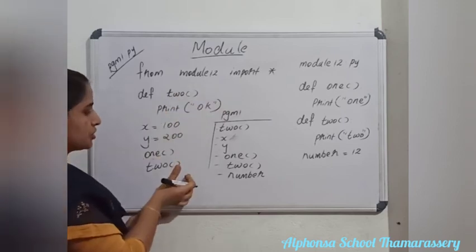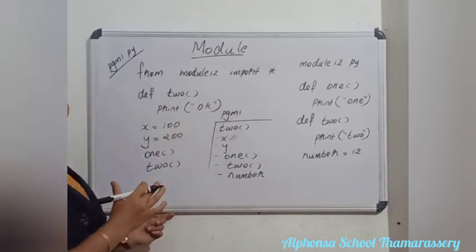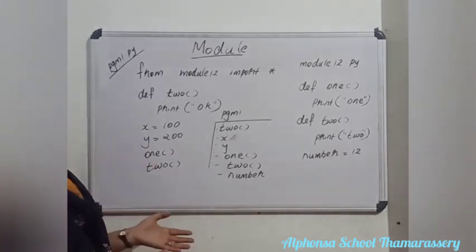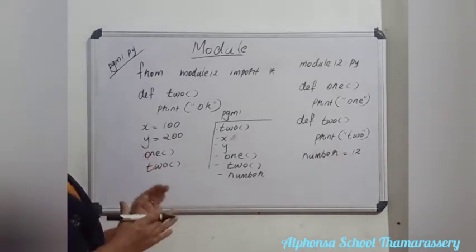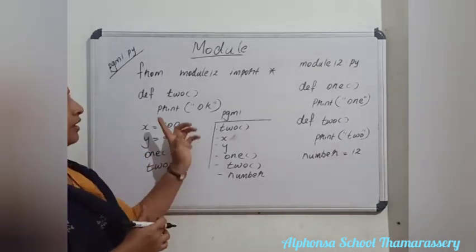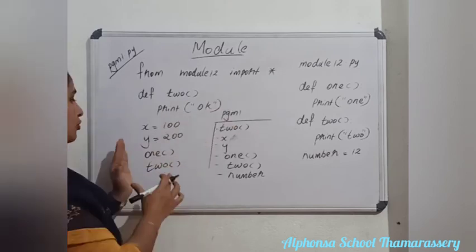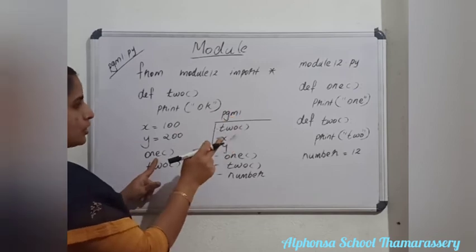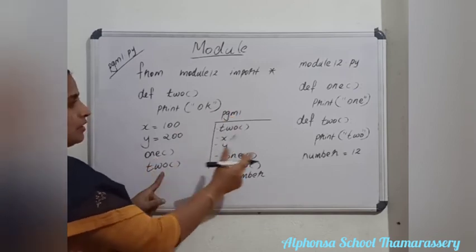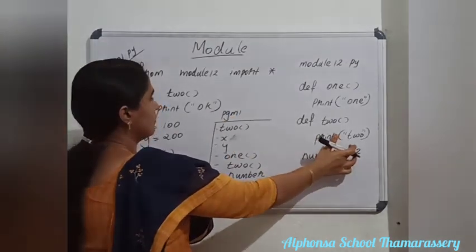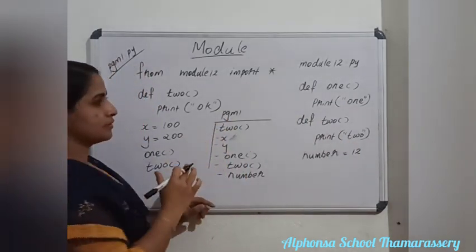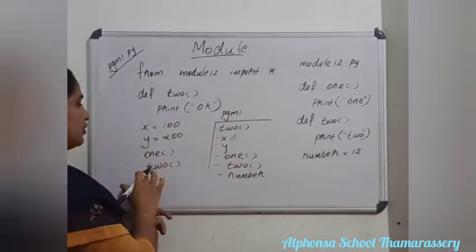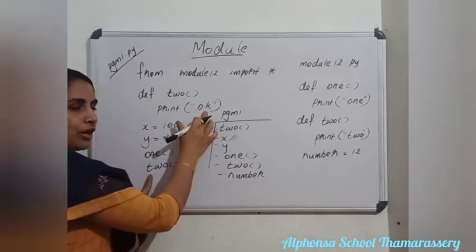So what is the solution? We can't solve that problem. So the interpreter manages such a situation by hiding the function from the imported module. So the output: executing function one prints one, while executing function two prints OK only.